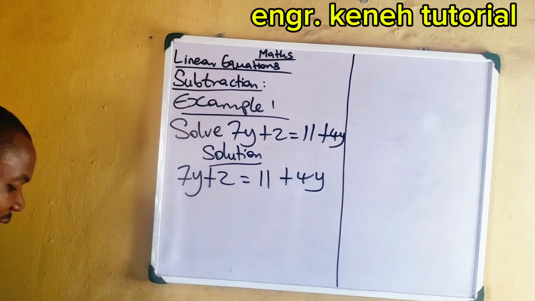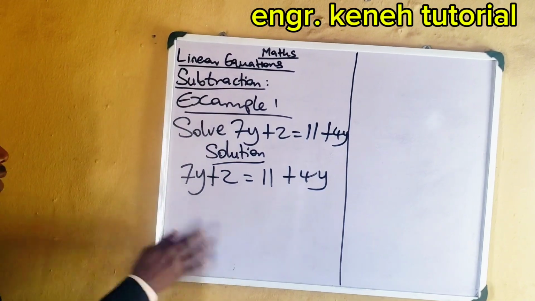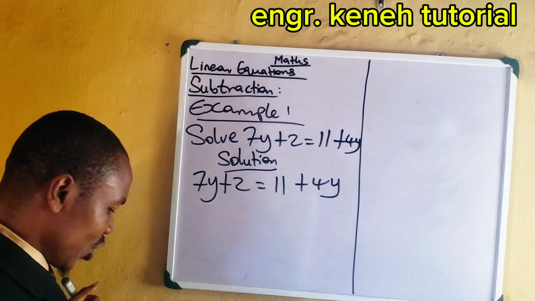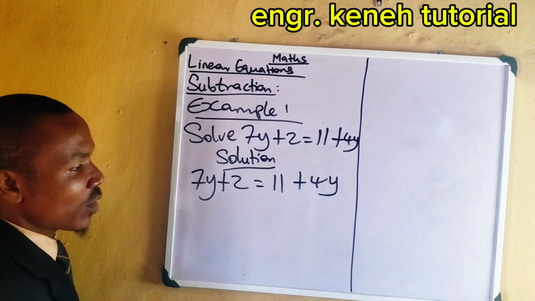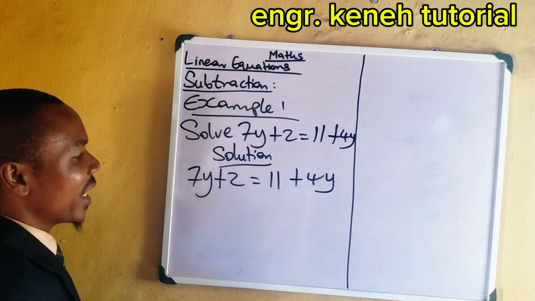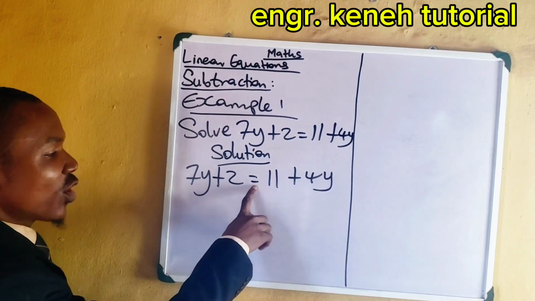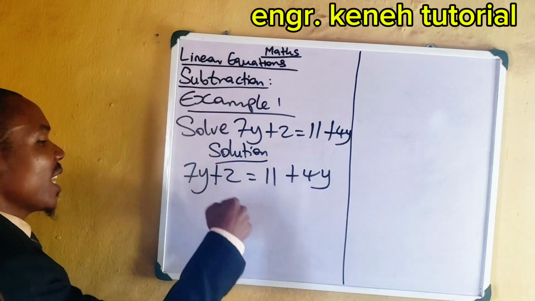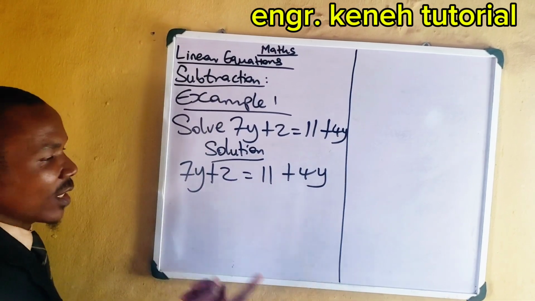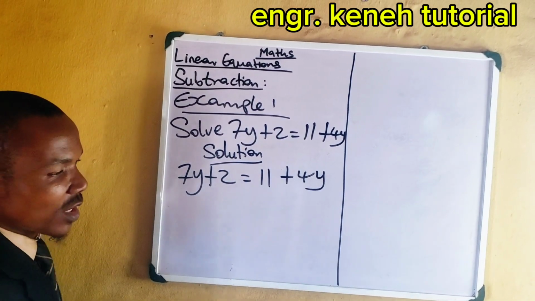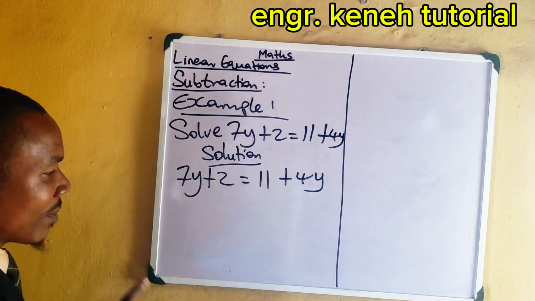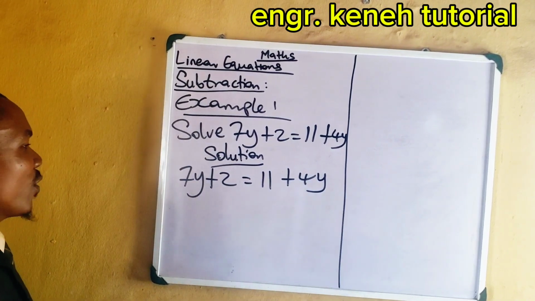At this point, I collect like terms. Those that have y attached to them should come together, and those that do not have y attached to them should also come together. And remember, anything crossing the equality sign, its sign will change. If it has a plus sign, coming over should be minus. If it has minus, crossing over should be plus.